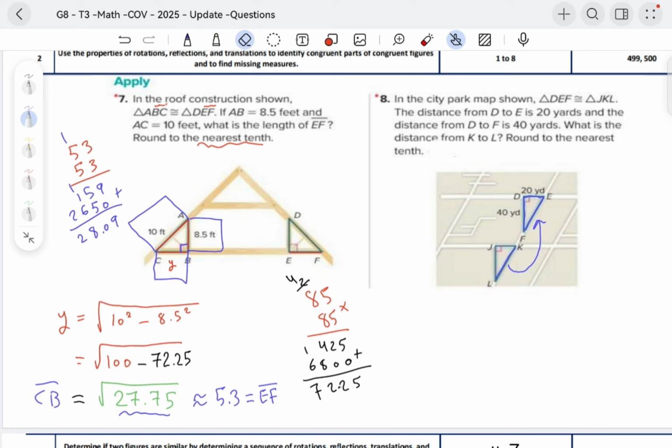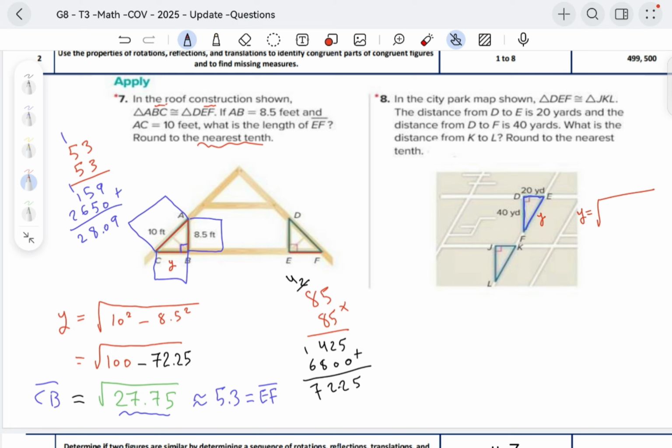So we're going to find the measurement for EF, and it will be equal to KL. Also, we're going to use the Pythagorean theorem since we have a right triangle. Let's assume this is y. The measurement for y is the sum of the smaller two squares. This is the hypotenuse, the longest side length, equal to the sum of the smaller two squares.